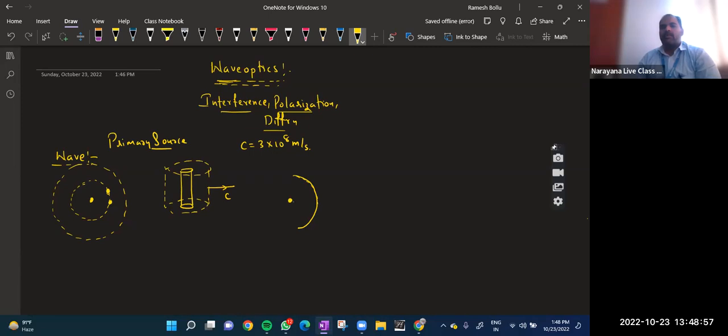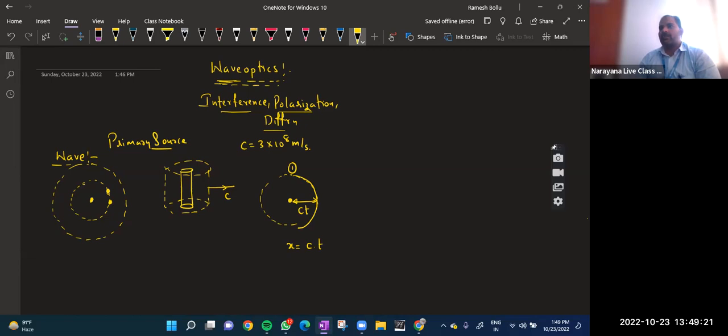What is the distance traveled in t seconds of time? After t seconds, this is the position of the wave, students. Distance equals speed of light into t seconds, so that is c into t. I mean, the radius of the spherical wave is c into t.